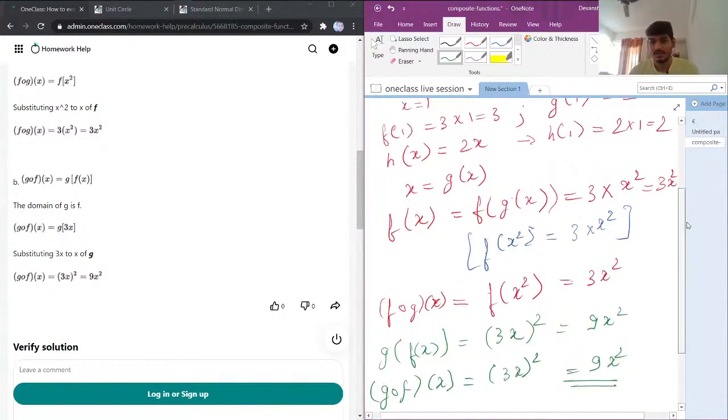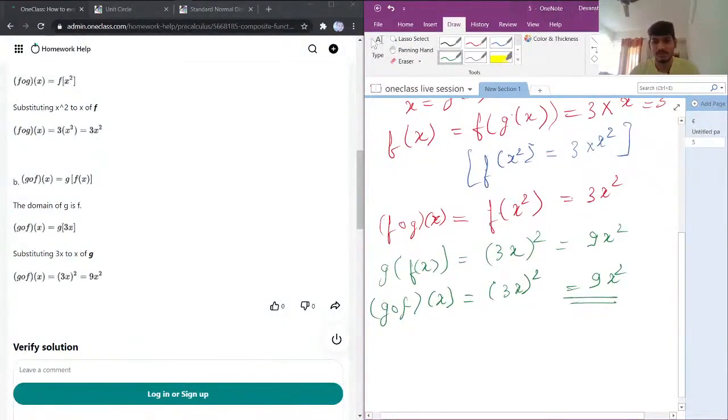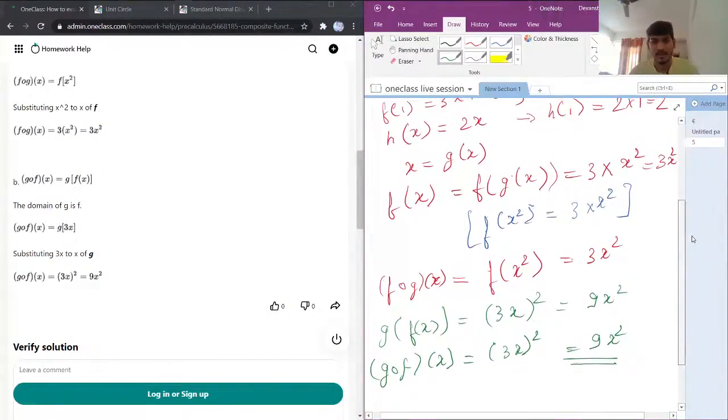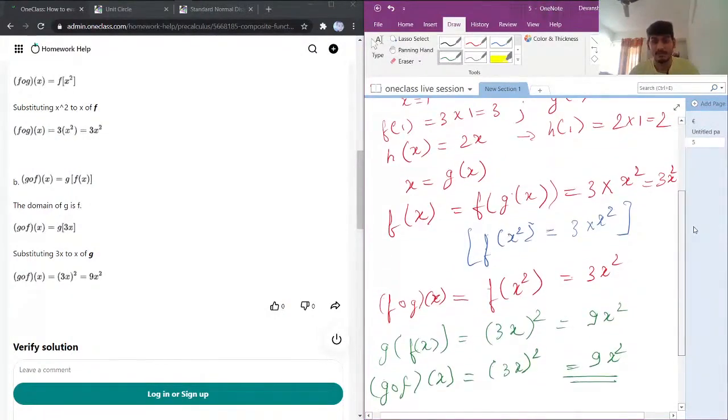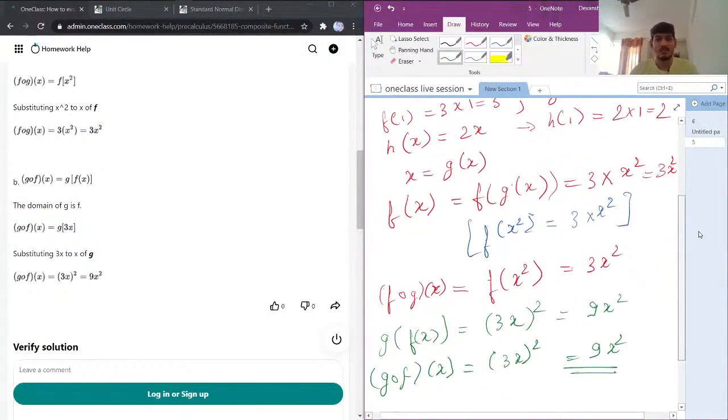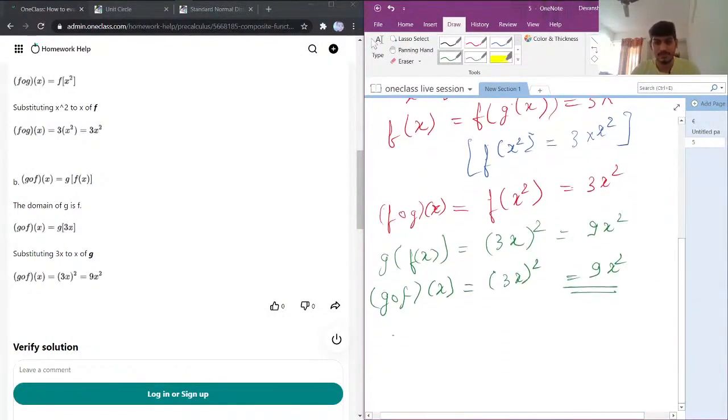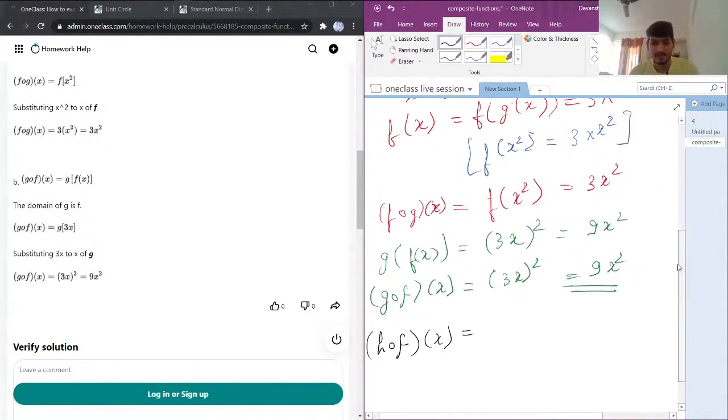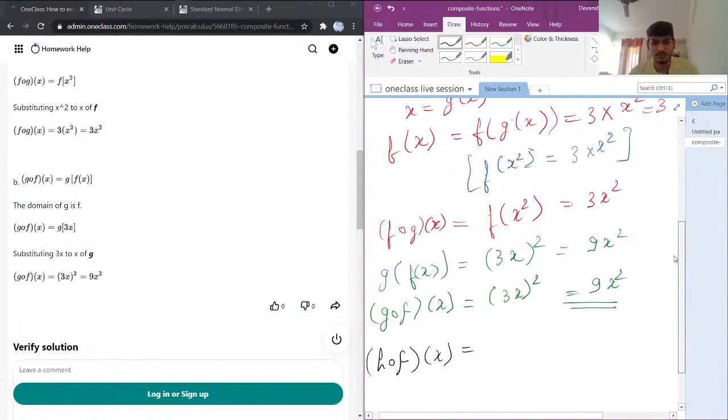We can also do the same thing for h of f of x and h of g of x. So I'm not going into each and every detail. So let's choose black color. So I'll just write it directly. So h of f of x is going to be, what is my h of x?